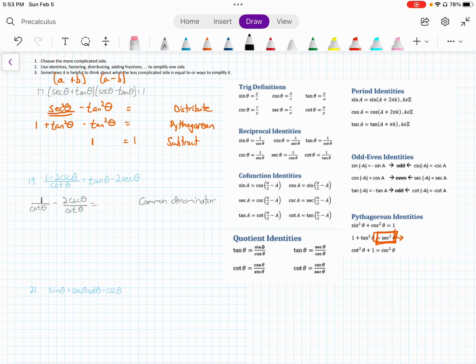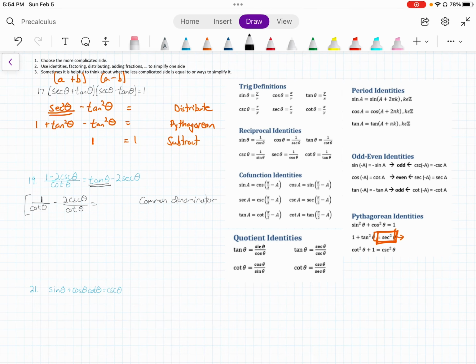One other reason I thought that was going to be a good idea is because this first term is tangent theta, and I know that 1 over cotangent is actually tangent theta. So that might be a good idea to change that. So that's what I'll do now.